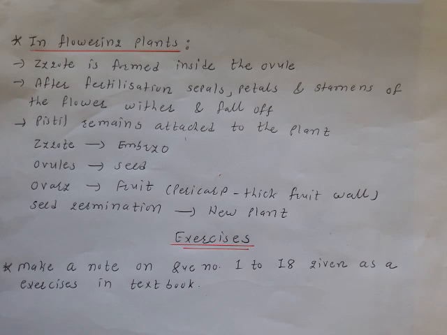So now you have a clear idea about the entire process of reproduction, types of reproduction, mechanisms and examples. After studying all these topics thoroughly, make a note of questions number 1 to 18 given as an exercise in the textbook.